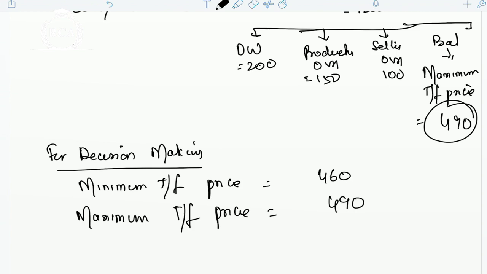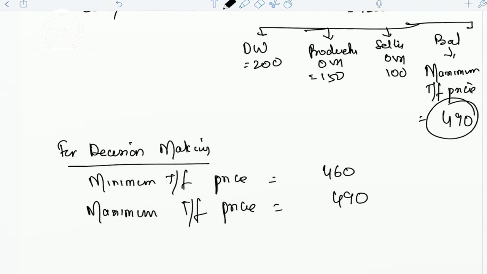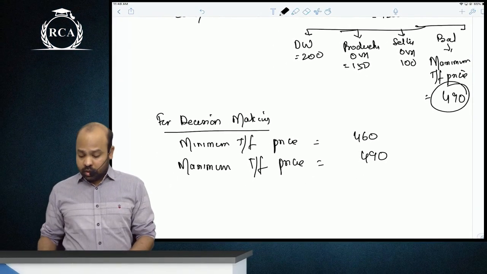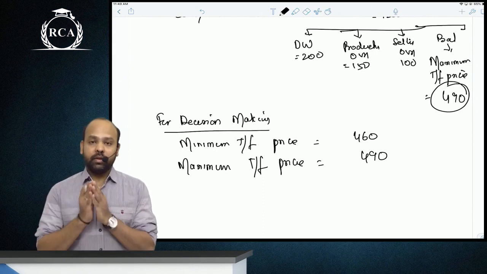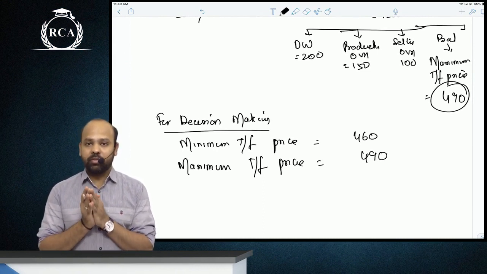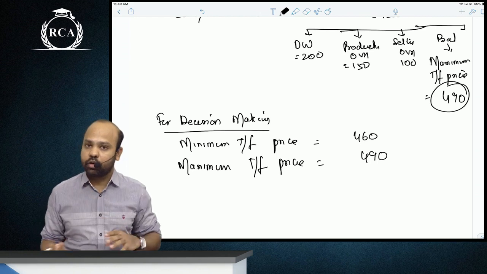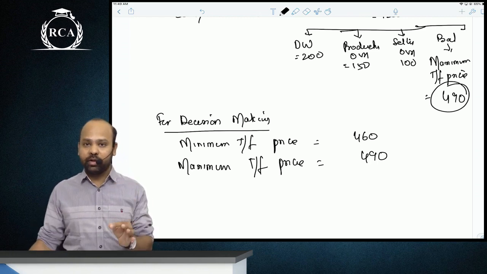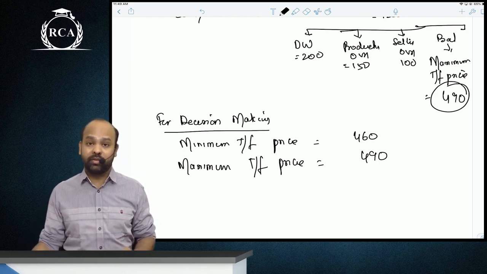Okay, I think I have given you a lot of time. This was all about decision making: minimum transfer price, maximum transfer price, whether it is actually required in the question or not. I had no idea, but I had to present what is from the viewpoint of decision making.